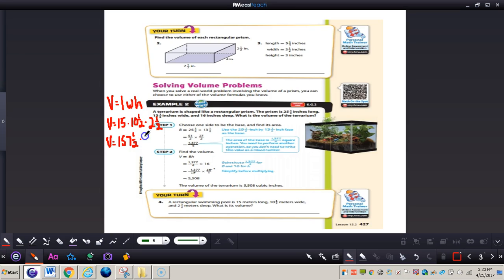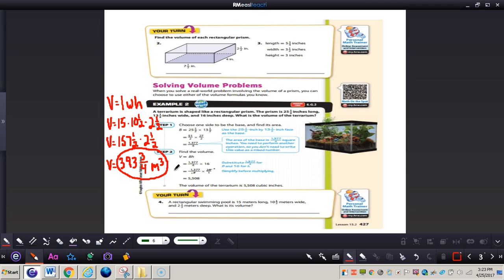We still need to multiply that by 2 and 1/2. Now we multiply 157 and 1/2 times 2 and 1/2. That's going to give us 393 and 3/4 meters cubed. And that would be our answer there.